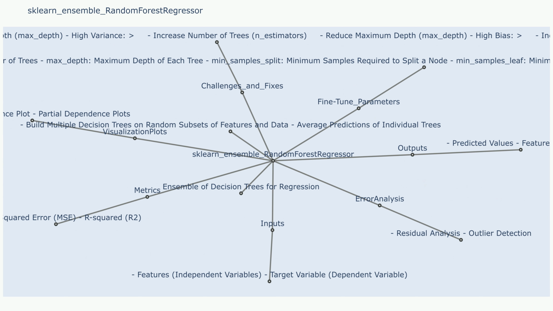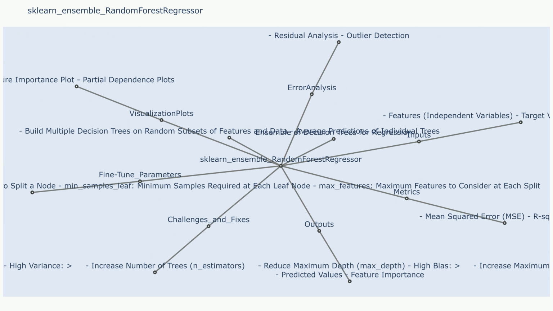These attributes include feature importances, a list of feature importance scores indicating the relative contribution of each feature to the model's predictions. OOB score, the out-of-bag score, which is an estimate of the model's prediction accuracy on unseen data, calculated using the samples not used in building each tree.